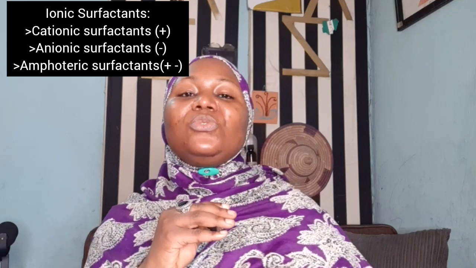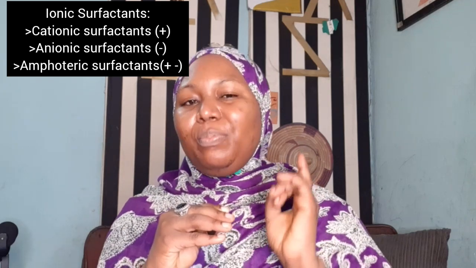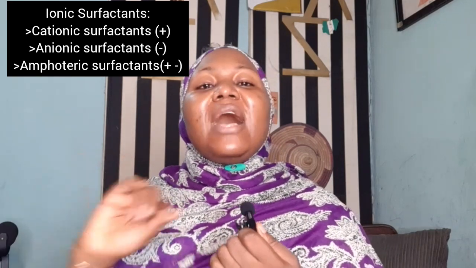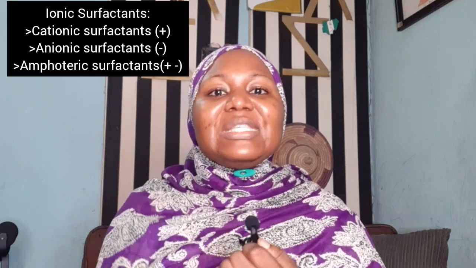Coming down to the ionic surfactant, we have three categories: the cationic surfactant, which has only the positive head, then the anionic surfactant, which has only the negative head, and then the amphoteric surfactant, which has both the positive and the negative head. Now let me tell you something about anionic and cationic surfactants.